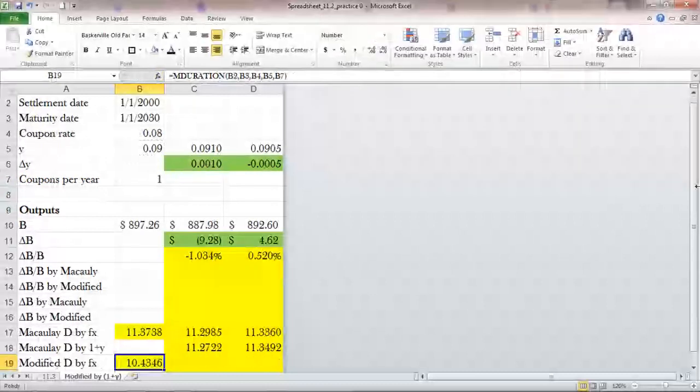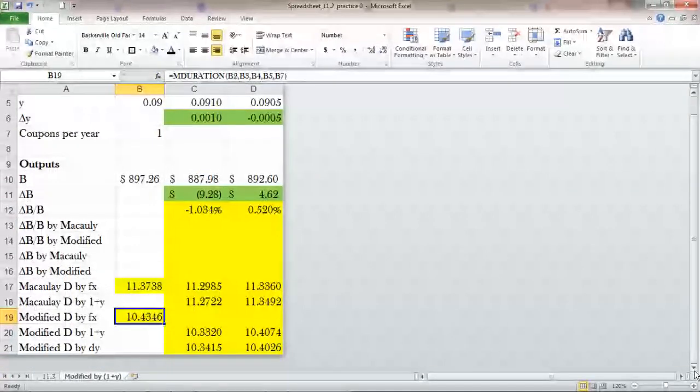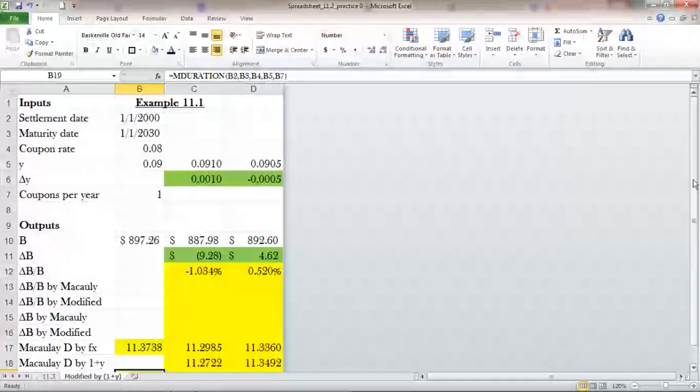And this is kind of generic, right? Before any change in interest rate. And I will need to lock a couple of things. I will need to lock something like, hit F4, right?